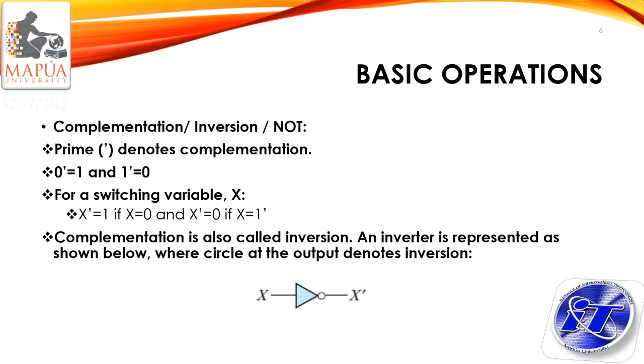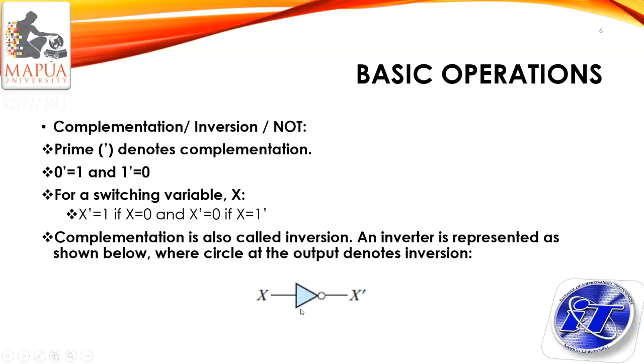We also use prime when referring to an input variable, for example, x. If x prime is equal to 1, then the original value of x is 0. If x prime is 0, then x is equal to 1. So it inverts the value of the input.